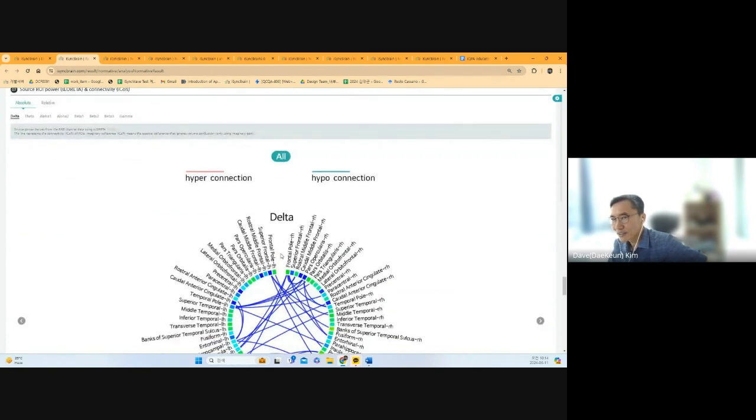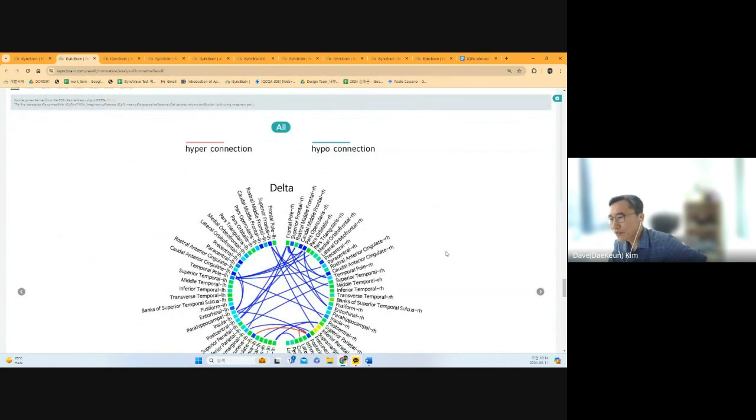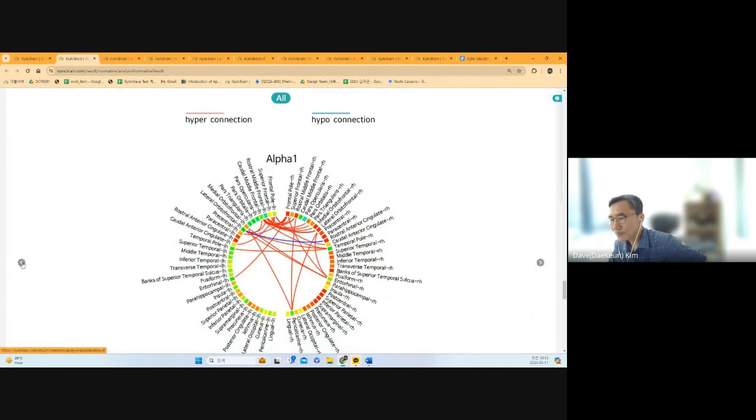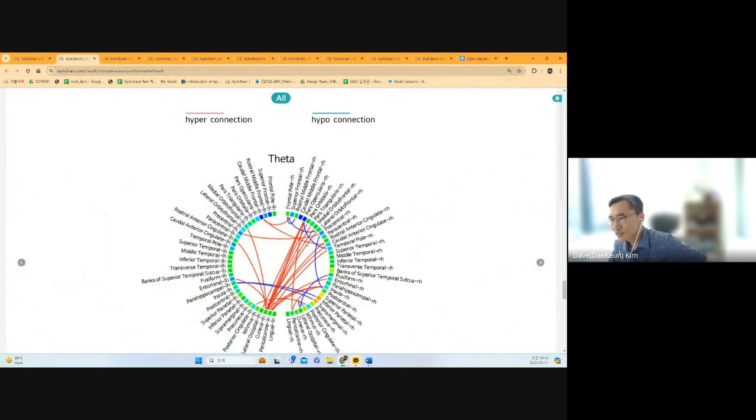And in the source map, you can see she has a lot of hyper theta connectivity between the right frontal and the left occipital area, and a lot of hypercoherence between the frontal areas.